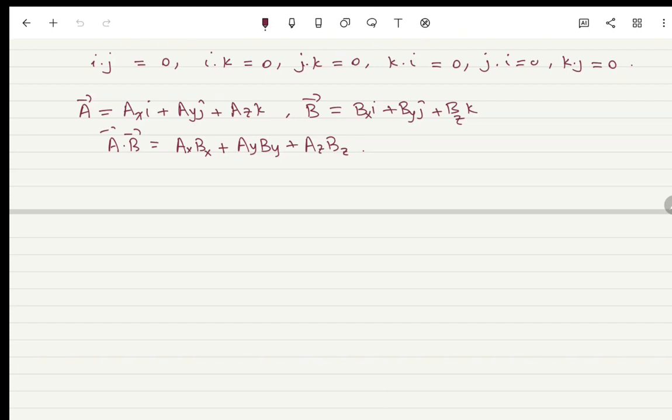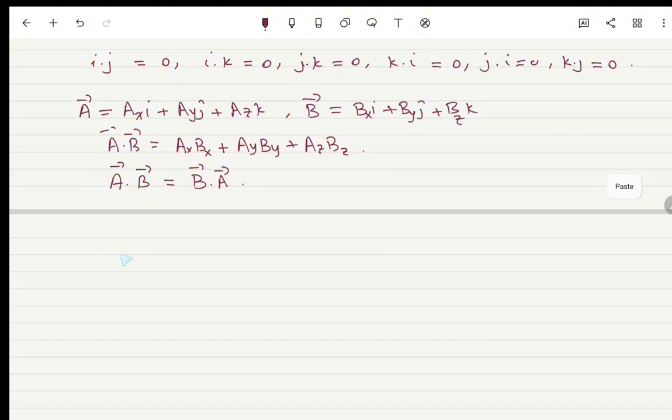One more thing we have to remember here is A dot B is actually equal to B dot A. So it doesn't matter whether A dot B or B dot A, you will get the same answer, which means A and B commute.